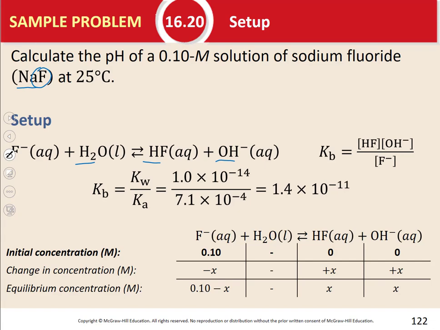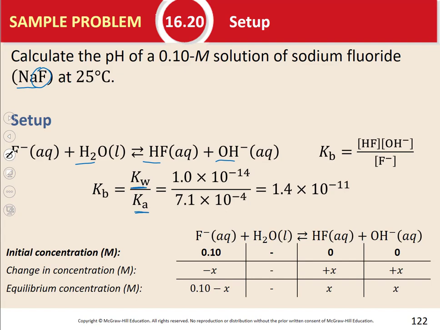In the last class, we learned that when you have conjugate acid-base pairs, the Ka and Kb value can be related using the Kw of water, where the Kb value would be Kw divided by the Ka of its conjugate acid.